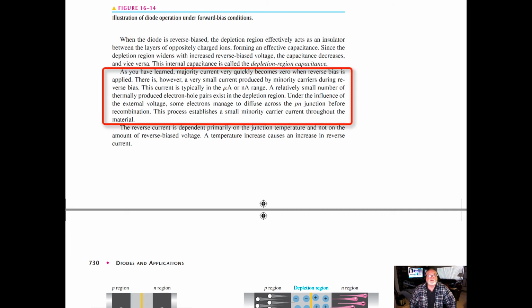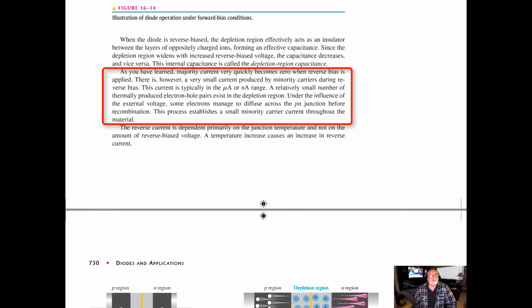As you've learned, majority current quickly becomes zero when the reverse bias is applied. There is, however, a very small current produced by minority carriers during the reverse bias. This current is typically in the microamp or nanoamp region, so 10 to the minus 6, 10 to the minus 9 amps of current. A relatively small number of thermally produced electron hole pairs exist in the depletion region.